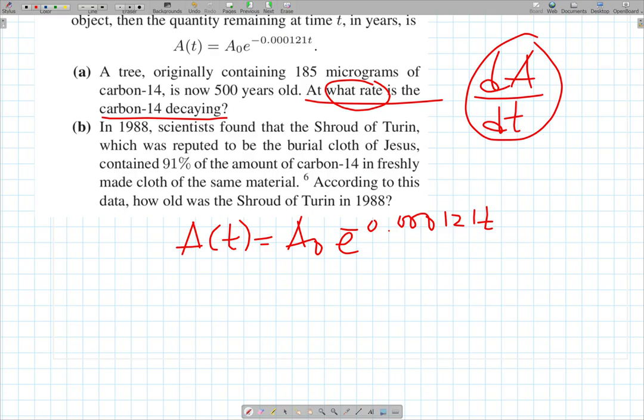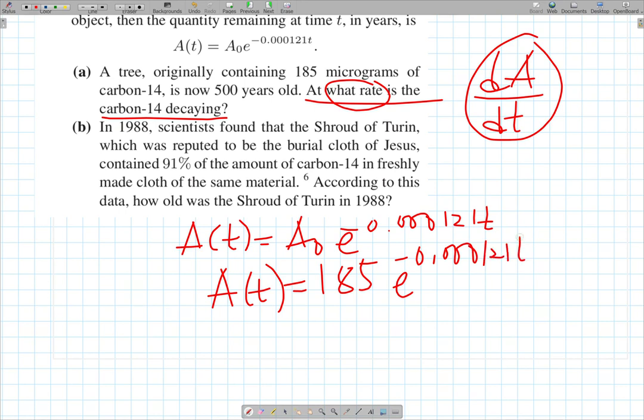So, given this equation, okay, ano kaya ang initial? Meron ba? A tree originally containing 185 micrograms. So our A0 is 185 micrograms. So substitute lang natin muna, no? A of t is equals to 185 micrograms e negative 0.000121 t.